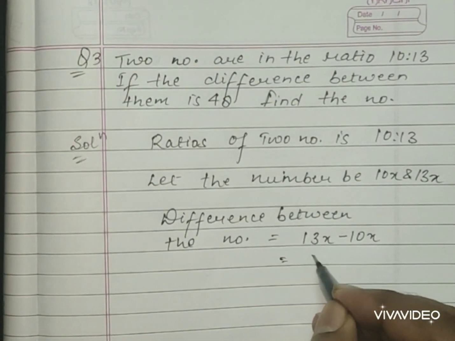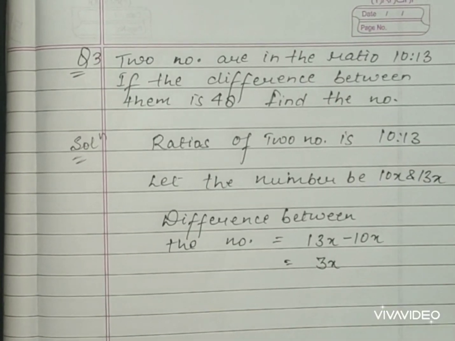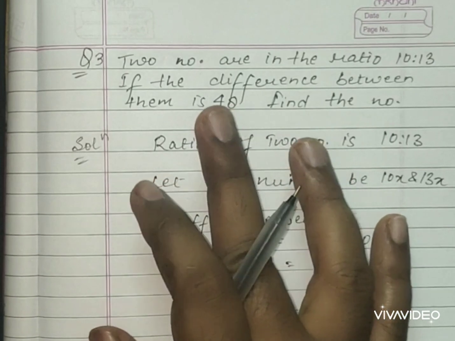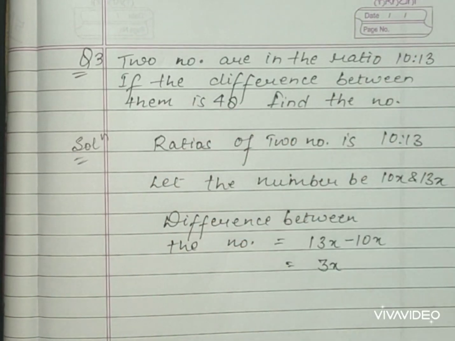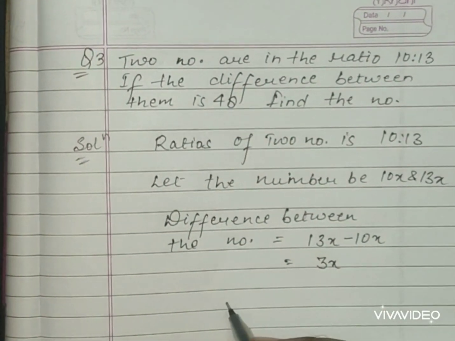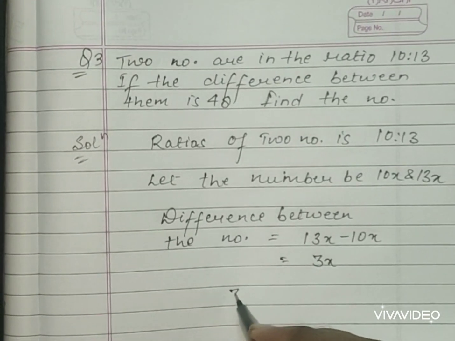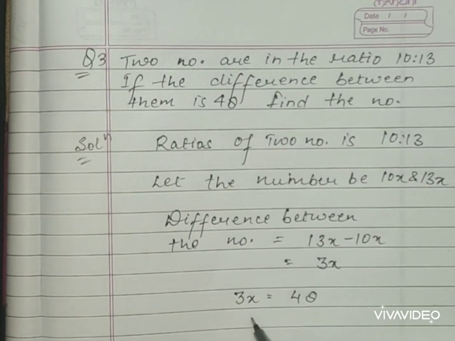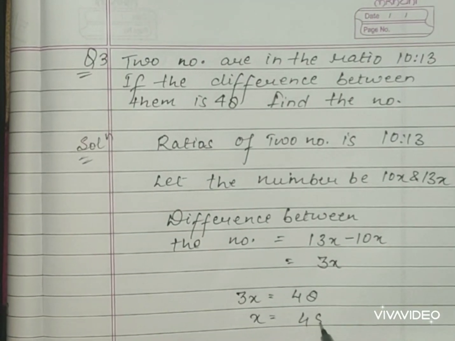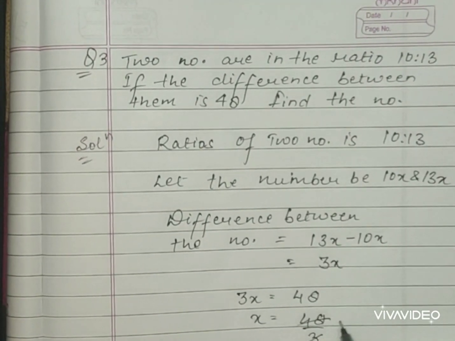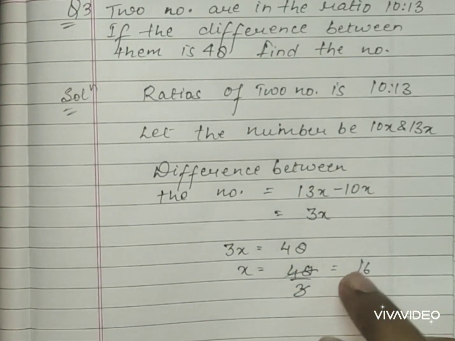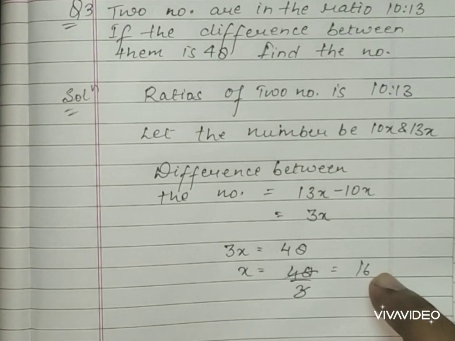So you are getting 3x. Okay, the difference between the two numbers is 48. So the difference, that is 3x, is equals to 48. So from here you are getting 48 upon 3, that is 16. So you have got the value of x, that is 16.